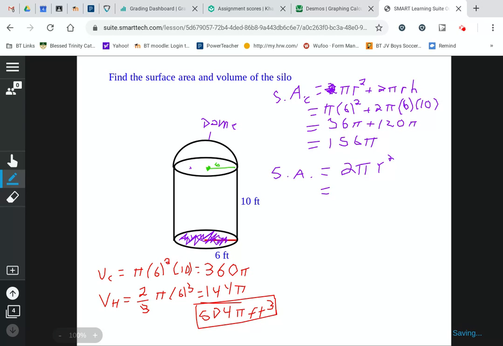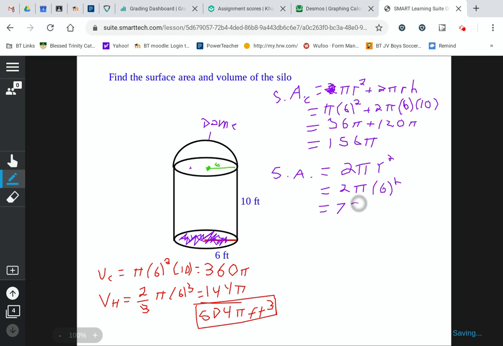In this case, 2 pi times 6 squared. 6 squared is 36 times 2 is 72.